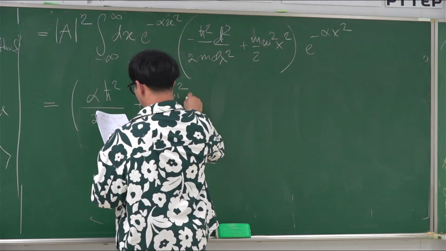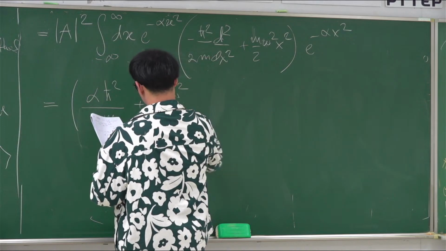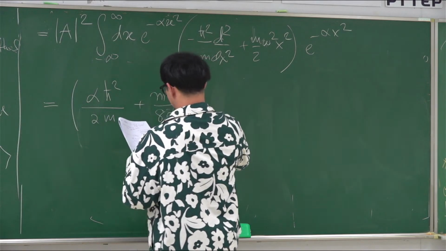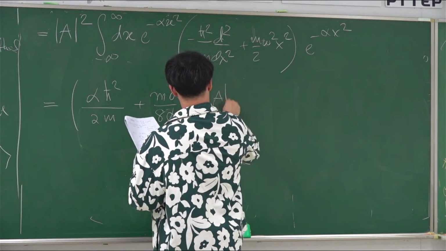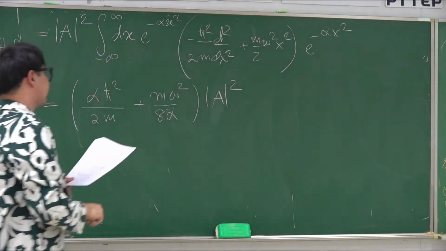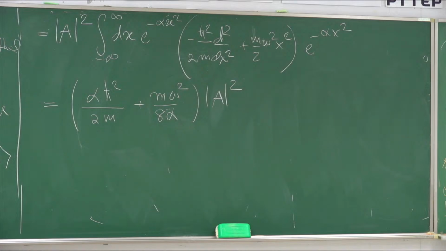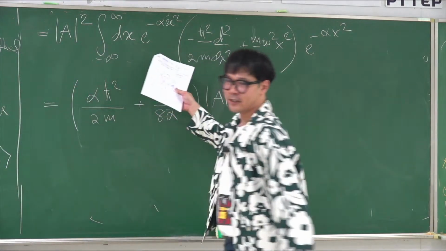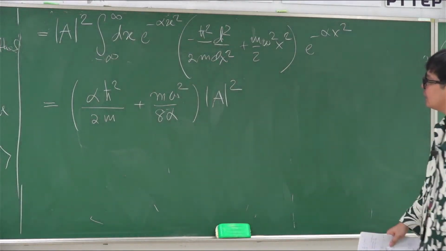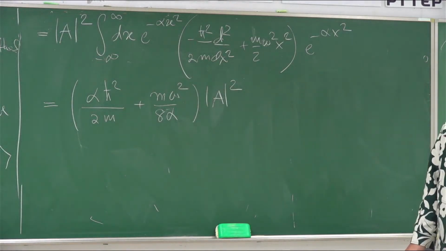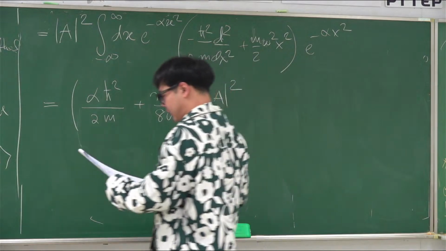Over 8 alpha, and so here. And so this integration can be easily done because it's a Gaussian one, right? Then you're going to get this.